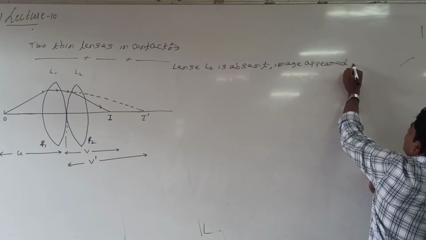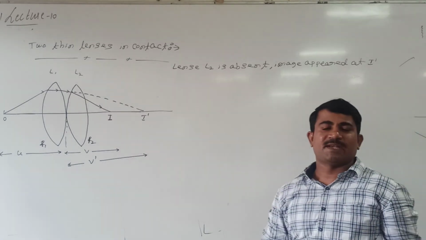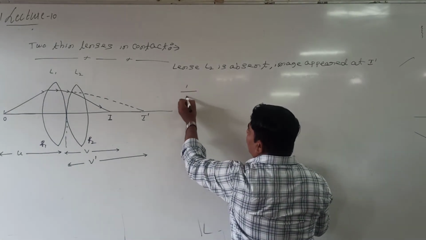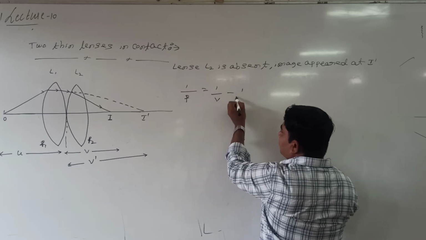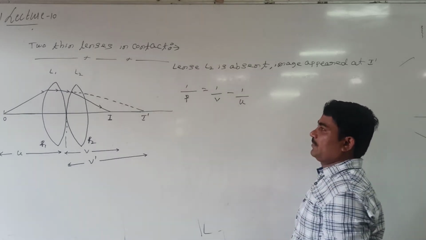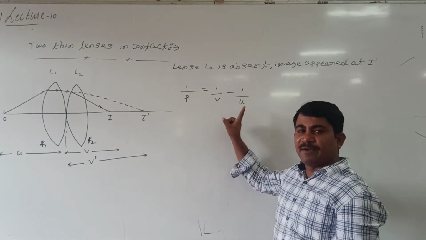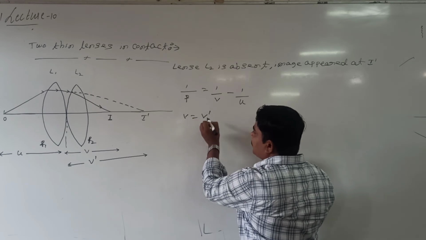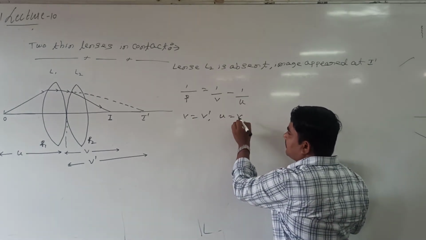The image appears at I dash. We know the general formula. What is the lens formula? 1 divided by F is equal to 1 divided by V minus 1 divided by U. Are you following me? But when lens L2 is absent, where can the image appear? The image can appear at V equal to V dash, and the same object distance can be taken.